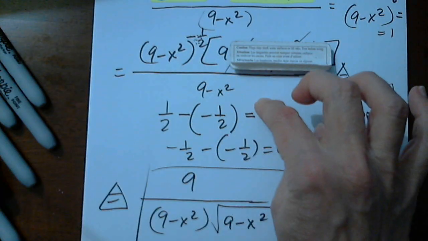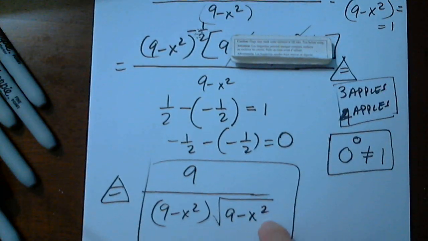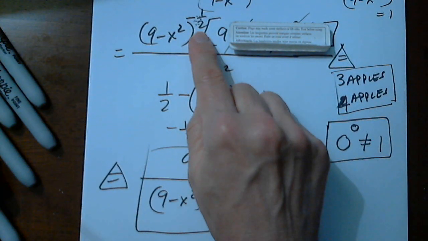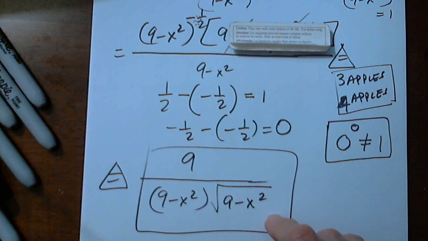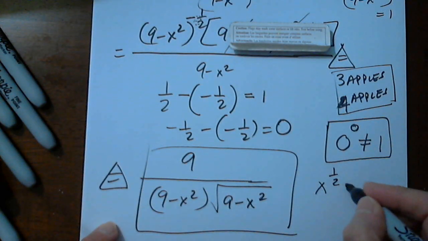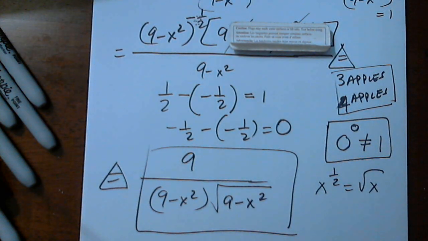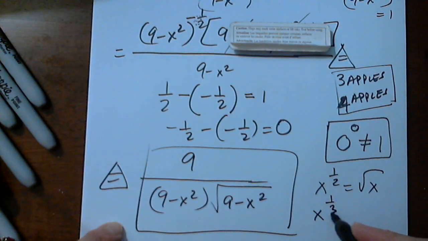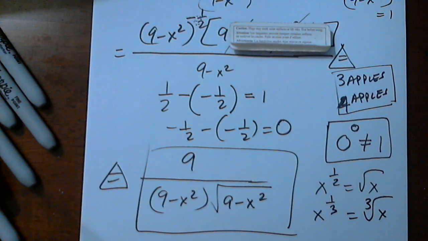This piece goes to the denominator, and it changes its power from negative to positive. And since it's power 1/2, I know that anything with power 1/2 is the square root. Anything with power 1/3 is the cube root. Okay, thank you.